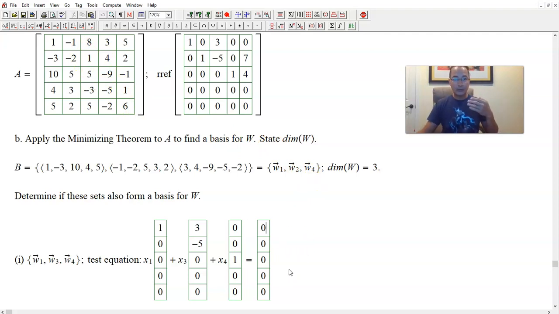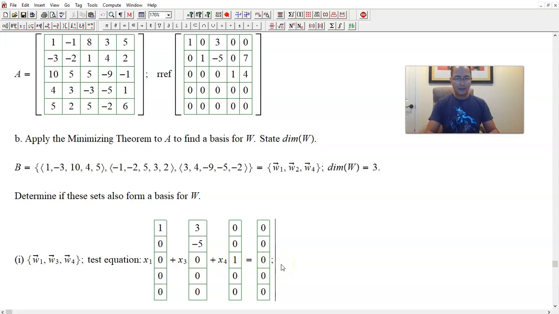Remember that the solution to the original system, in this case it's a homogeneous system, is exactly the same as the solutions to the homogeneous system involving the REF. Okay, but look at all those 1s and 0s. All right, so the last 2 components are already 0, but in component 3, you already have 2 zeros.